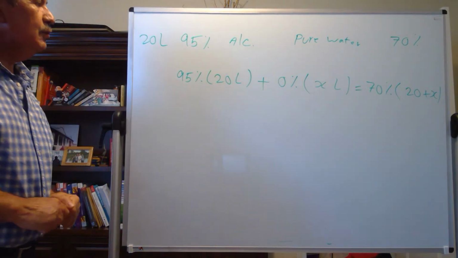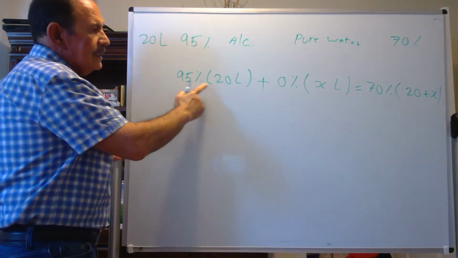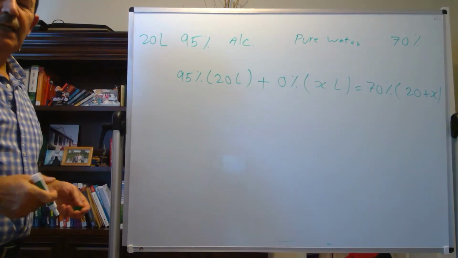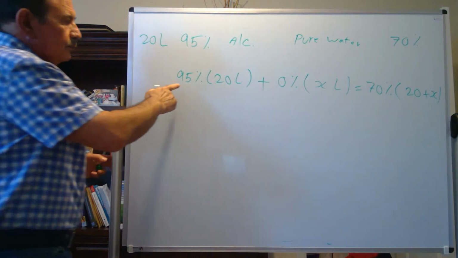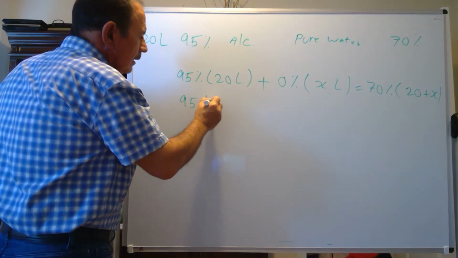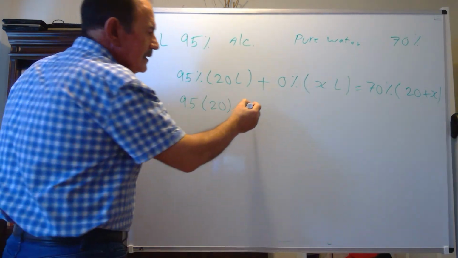Now solve the equation. Because there is a percent sign here, here and here, I can remove the percent sign instead of dividing everything by 100. So it's gonna be 95 times 20 plus 0 multiplied by this one, and 0 multiplied by everything is gonna be 0.